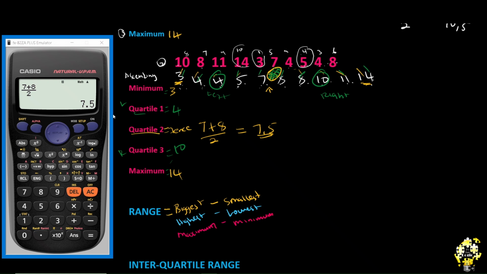This should give you even more confidence than you bargained for. Biggest minus smallest, highest minus lowest, maximum minus minimum, they all mean the same thing. They are all the formula for range. Now, for the purposes of this, we are going to use maximum minus minimum, which is still the same thing as highest minus lowest, which is still the same thing as biggest minus smallest.